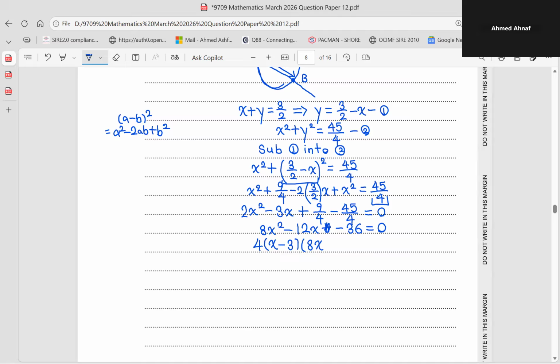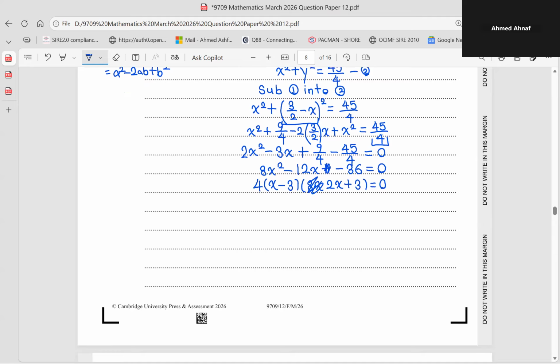Then you get 4 times x minus 3 times 2x plus 3 equals 0. And now you just equate all the factors to 0.